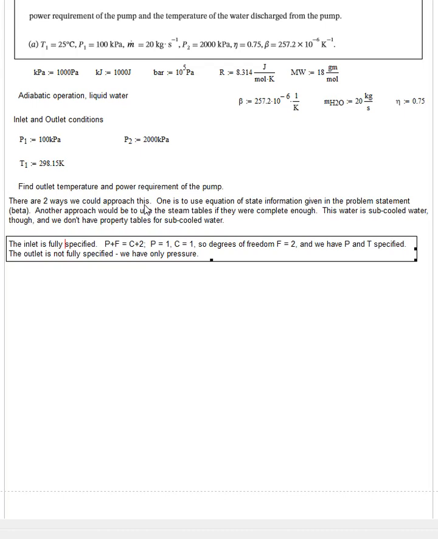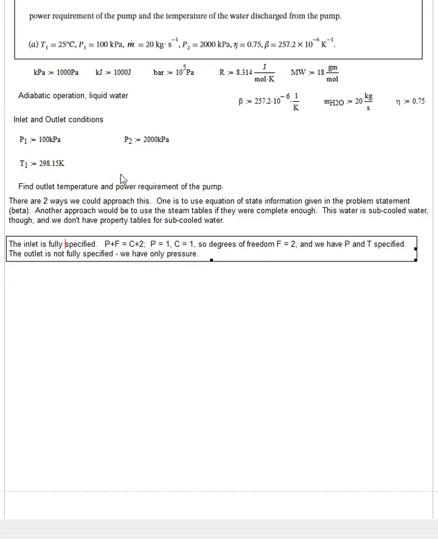And so we have 2 degrees of freedom. For state 1, the inlet of the pump, we have both pressure and temperature specified, so there are no degrees of freedom. For the outlet condition, we only have the outlet pressure specified. So we still have 1 degree of freedom for this problem.